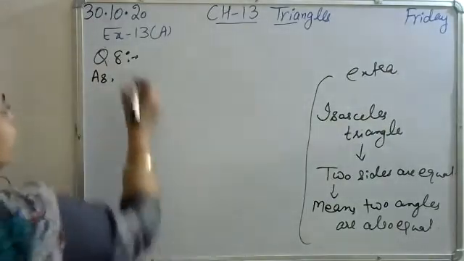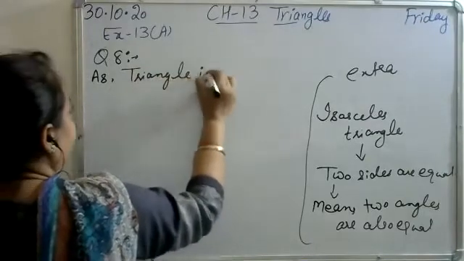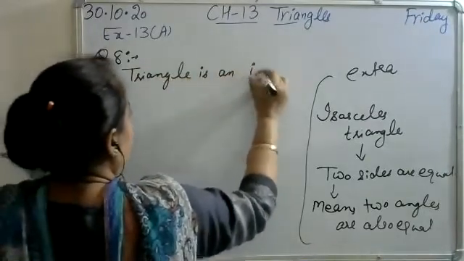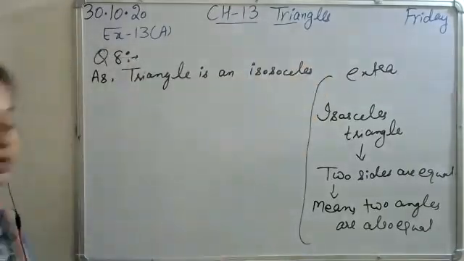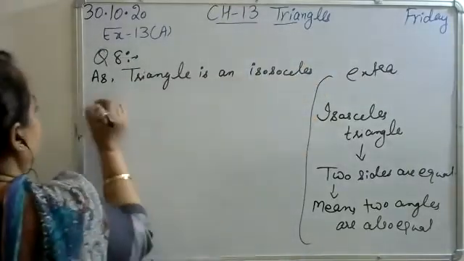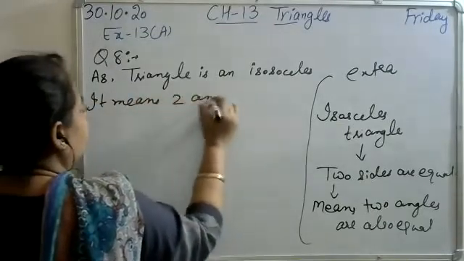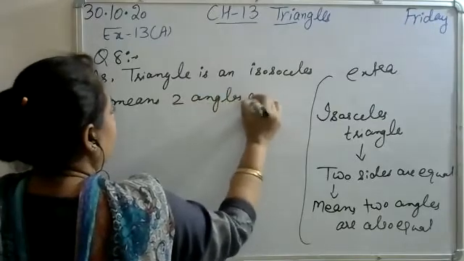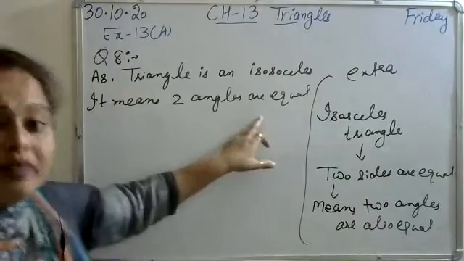Now, as triangle is an isosceles, it means two angles are equal. This thing you will write.